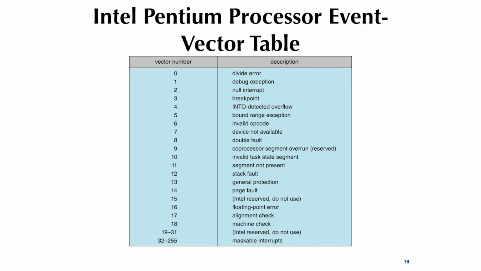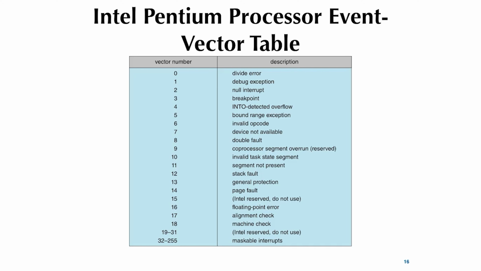Okay, and you may have heard of exceptions in other languages like Python, Java, C++, right? But here we're talking about the processor-level mechanism. So it's really using the same interrupt service routine mechanism, but these are not external I/O requests. These are internal operations that are triggered by errors.